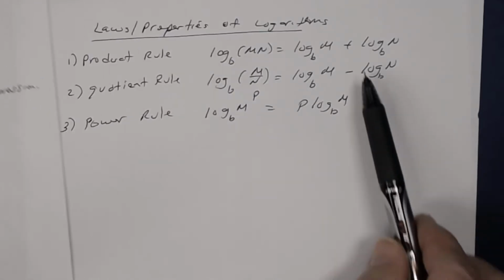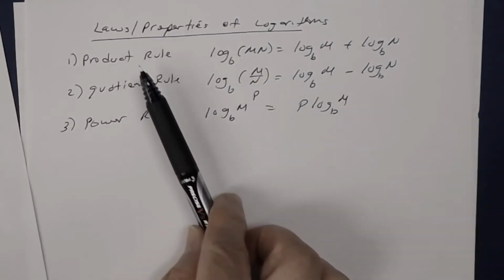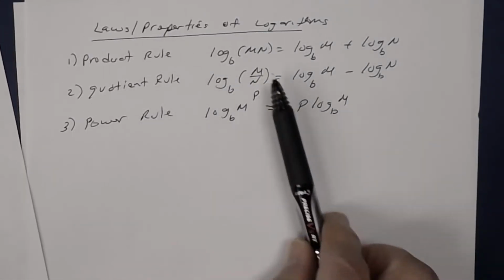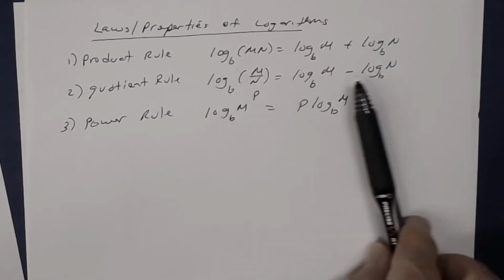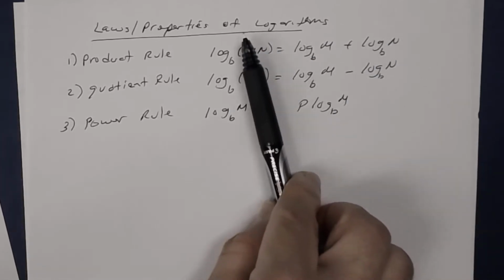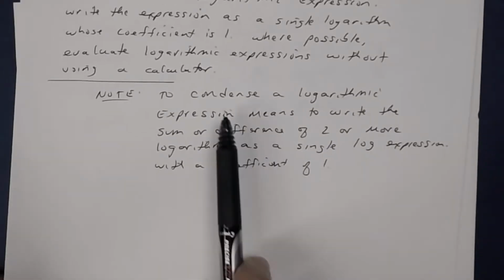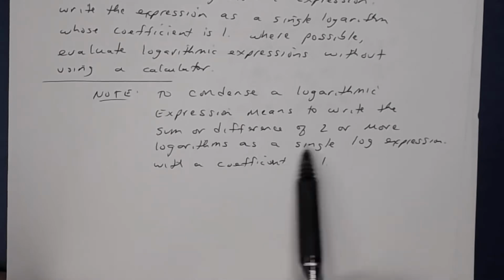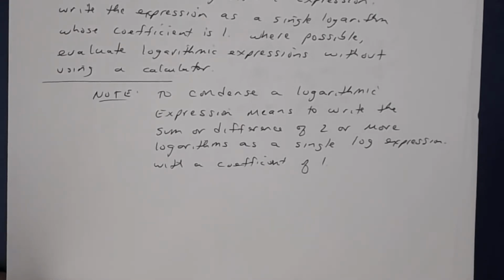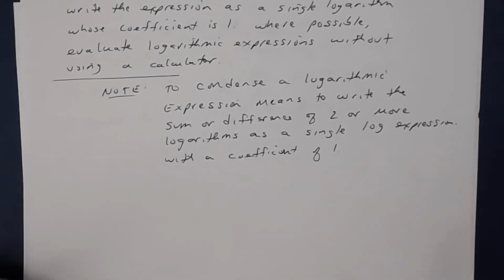You just have to remember these properties: product rule, quotient rule, power rule. So instead of expanding, you're doing the opposite. You're condensing. Condense means to write as a single logarithm. Okay? All right, so it's not very difficult. It's fairly simple to deal with.